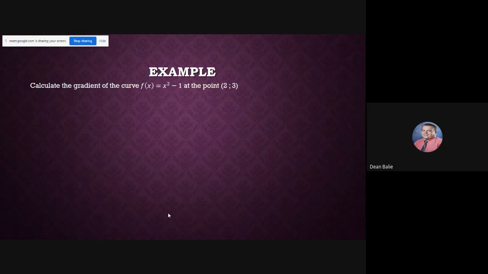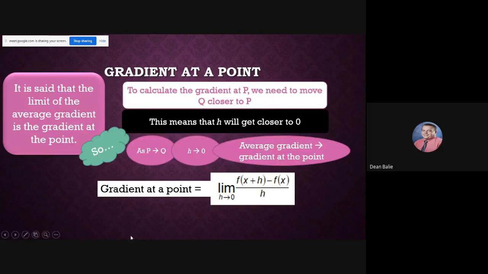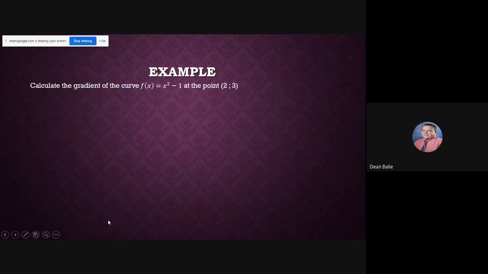But I want you guys to try and work through it and get to a solution yourselves. The answer here, by the way, is 4. So the gradient of the curve, f of x equals x squared minus 1 at the point (2, 3), is 4. So if you're able to get the answer of 4, going through the process or going through using that formula there, gradient at a point, okay, then that's fantastic. Right. Then you're sort of well equipped and ready to go through tomorrow.